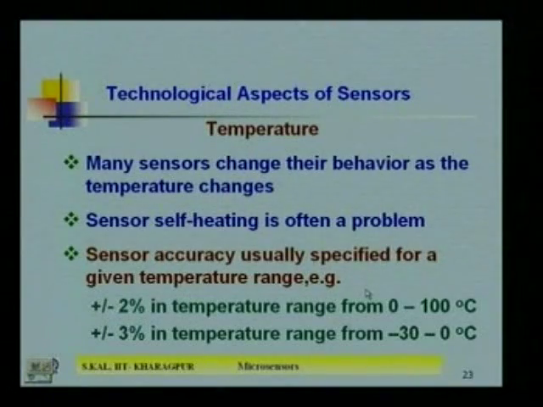This example is given to inform you that the performance change of the sensor is not the same in different temperature ranges.